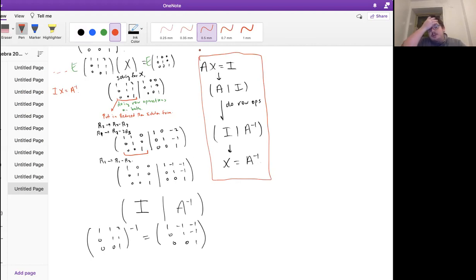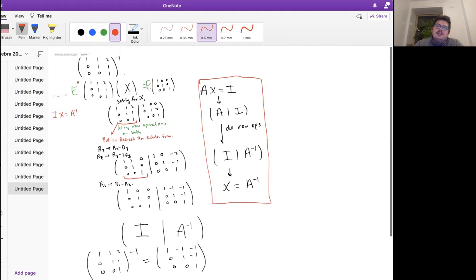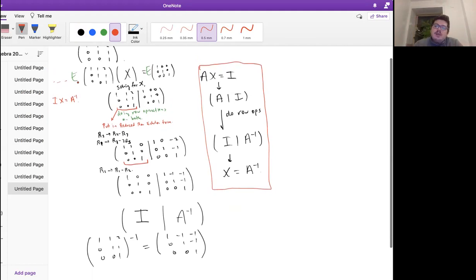You put A on the left hand, I on the right, and then you're doing row operations to turn A into I. And again, the algebra behind that is you're multiplying at every point by these E's. And what you're solving for at the end will be whatever is on the right hand side, which is A inverse.